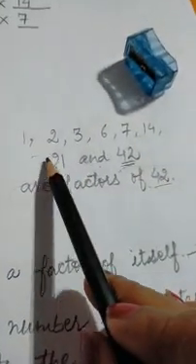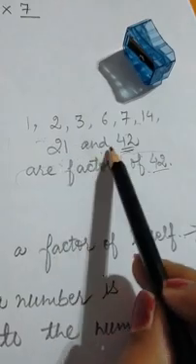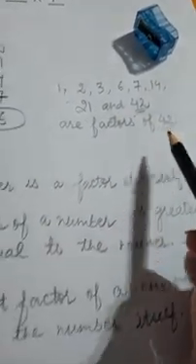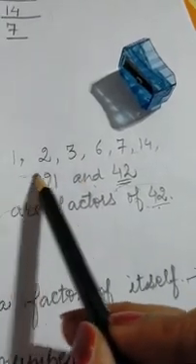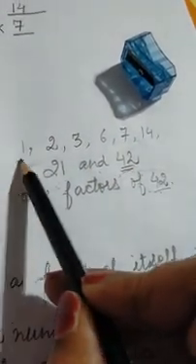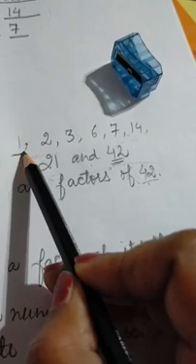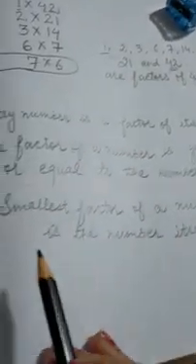Here you can see there are some factors of 42. Then from all these factors of 42, what is the smallest number? That is 1.